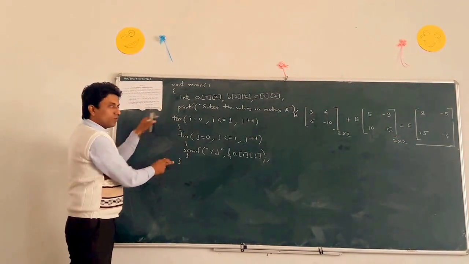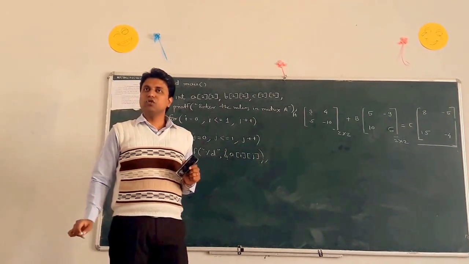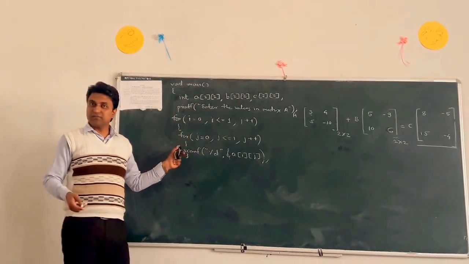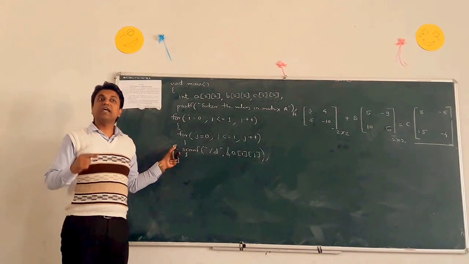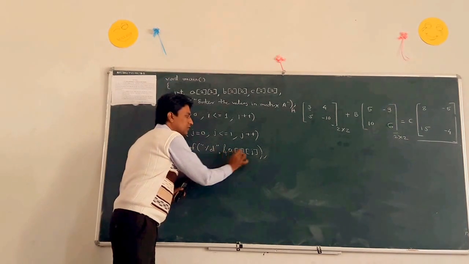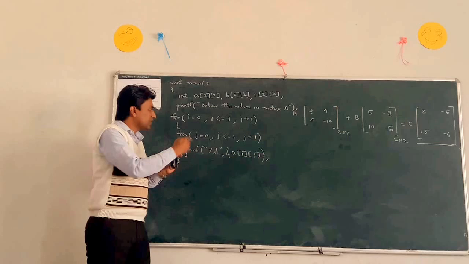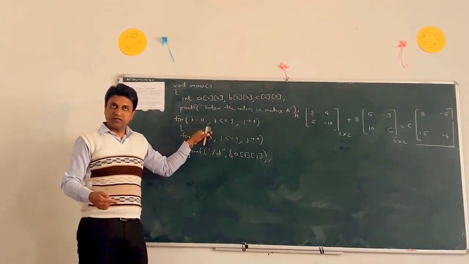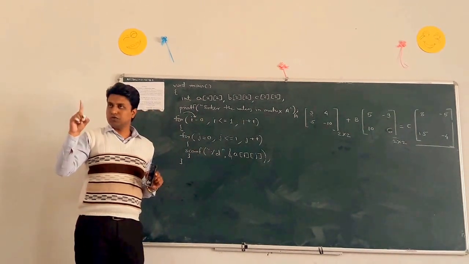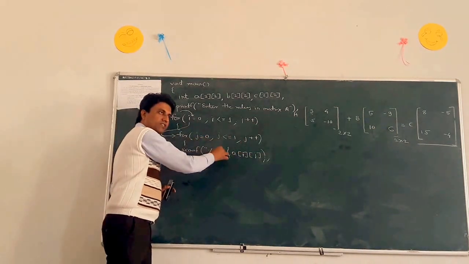How many times is the scanf statement executed? Total 4 times. Clear? 4 times. And whatever the values may be, i and j are both variables, so the values change as per the execution. At the first time when i is 0, that is the first row, j is 0, the second time j is 1.